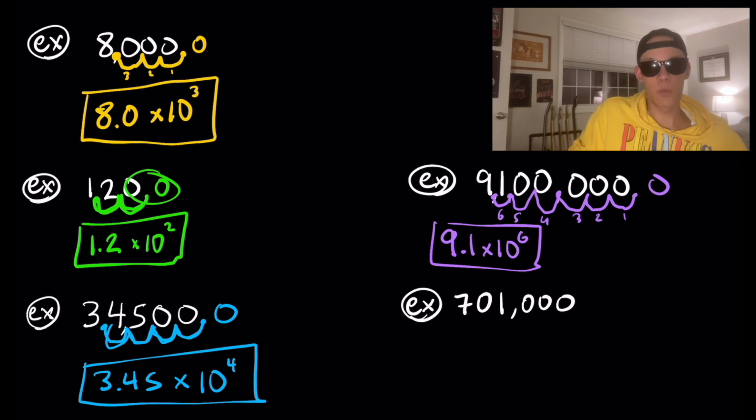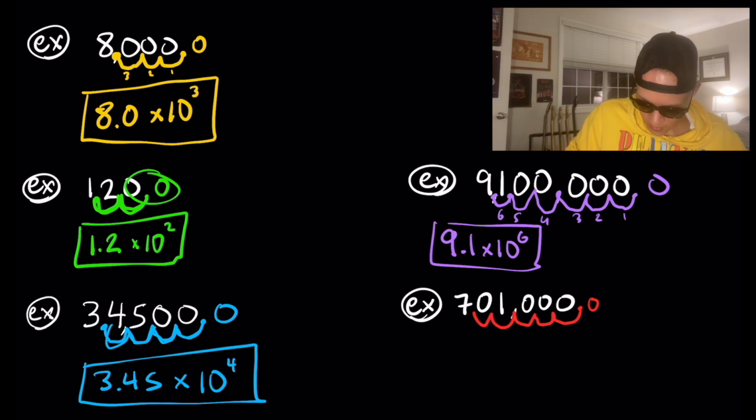All right, 701,000. Again, find your decimal, which is going to be to the right of that number. I can put however many zeros I want to the right. Maybe I'll just do 1 to keep it similar to the previous ones. And then we're moving this decimal to the left until we get a number between 1 and 10. So I'll go 1, 2, 3, 4, 5. So here I got 7.01 with some zeros after it.